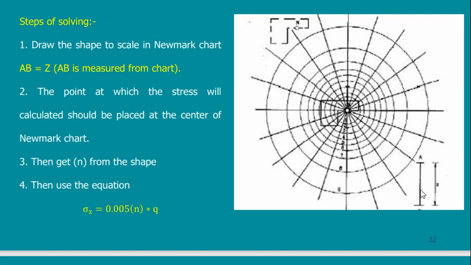So this is the scale of my drawing that I should use. Suppose that this length is 5 centimeters for ease. When you measure it using a ruler, it is 5 centimeters.